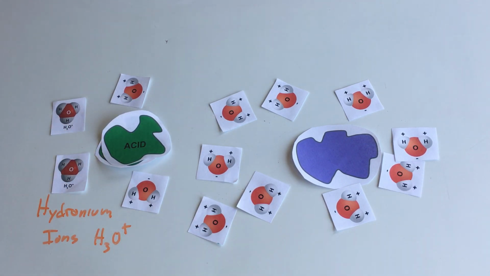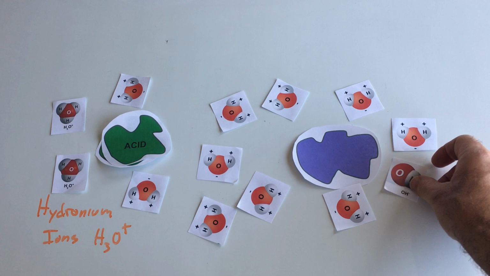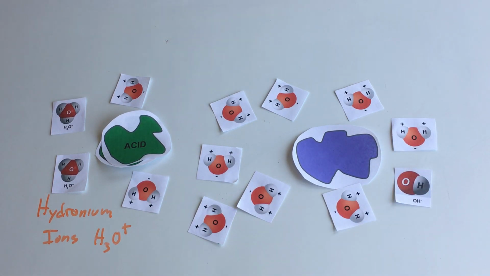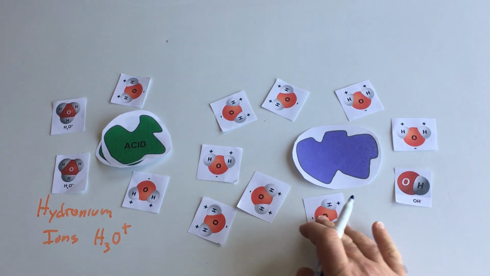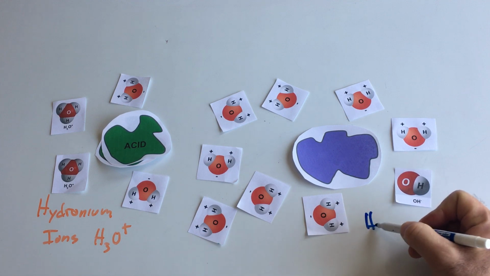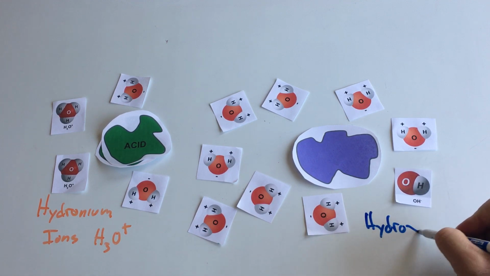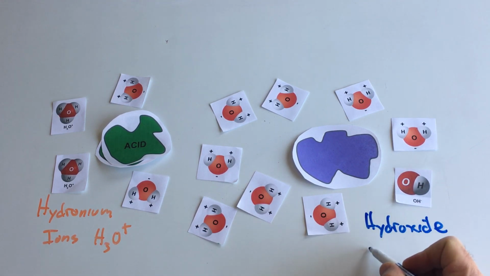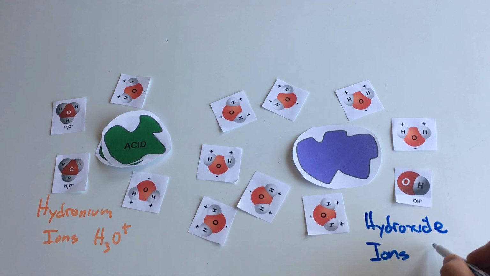And over here with bases, we said, oh, that's weird. Water isn't becoming hydronium, it's actually becoming hydroxide. So we noticed that around the bases, we were getting hydroxide ions, which are OH negative.